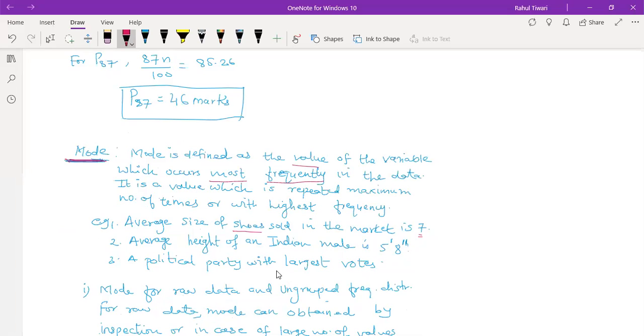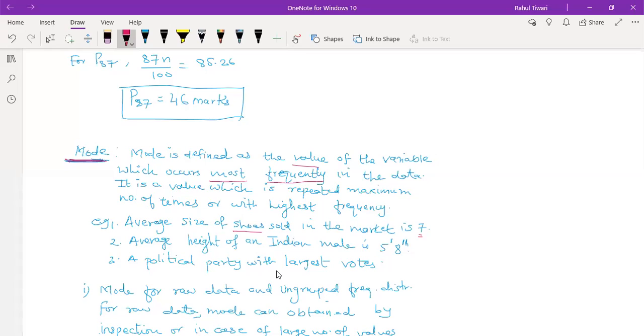When you do shopping on Myntra, Amazon, and Flipkart, you have seen that generally the availability of shoes is approximately size 7.